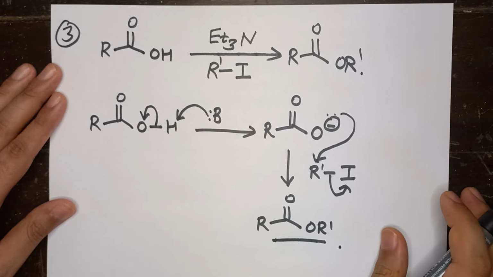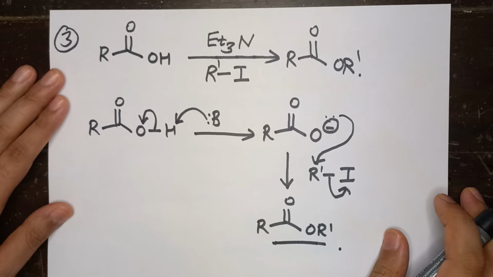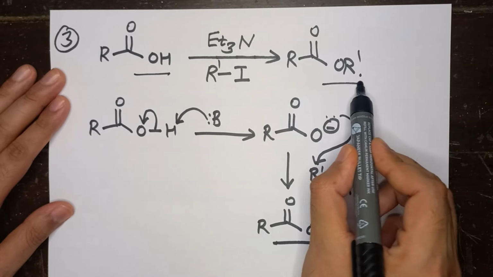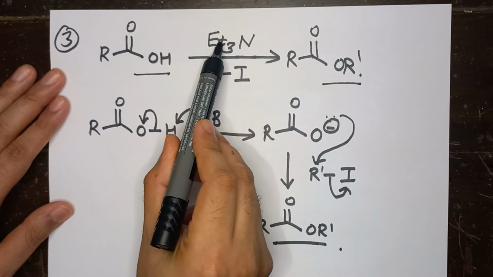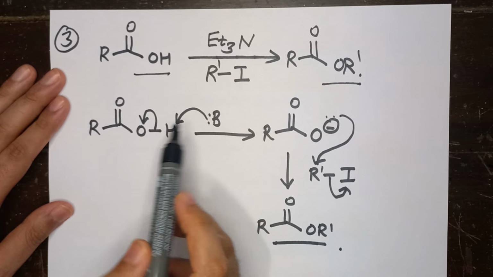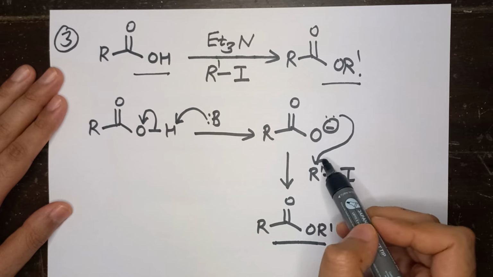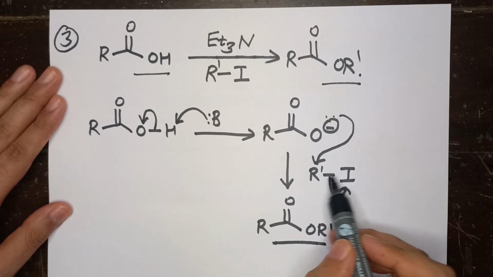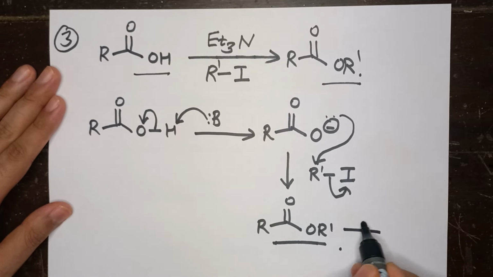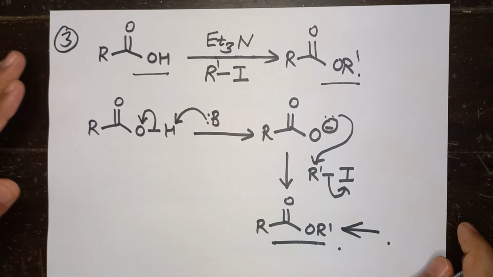So this is the third method to protect your acid into an ester, by using triethylamine as a base to abstract this proton and generate this carboxylate anion that will later attack this carbon of alkyl halide to generate the ester. So this is the mechanism for it.